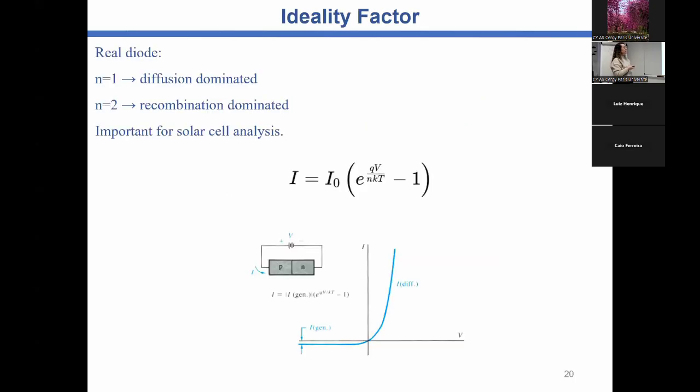And the ideality factor, which comes from the diode equation, we could fit using the equation. If we just want to fit our diode, we could use it and see if we have the n close to 1 or 2.